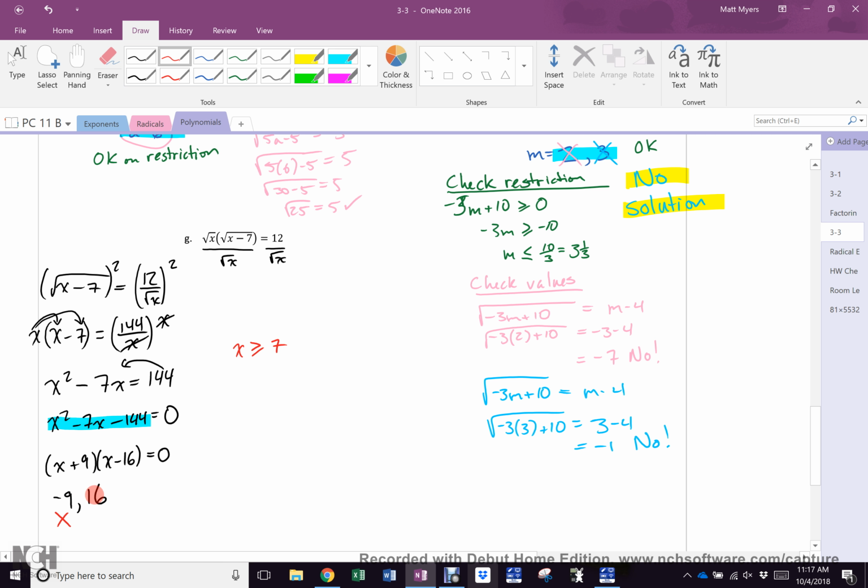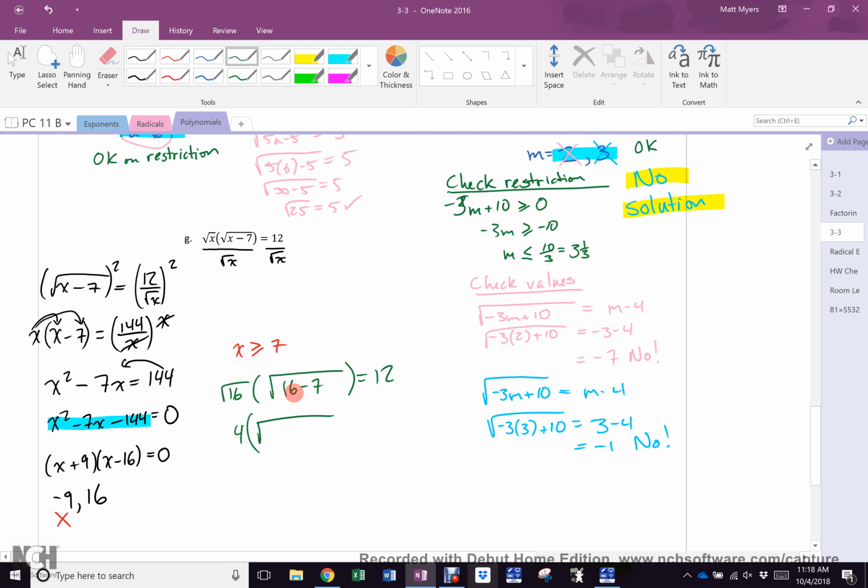So 16 might work, yes? But as we just found out, it's not a guarantee, is it? So what do I got to do? Check. And I check it by running it through. Square root of 16 times root of 16 minus 7 equals 12. What is the square root of 16? 4.